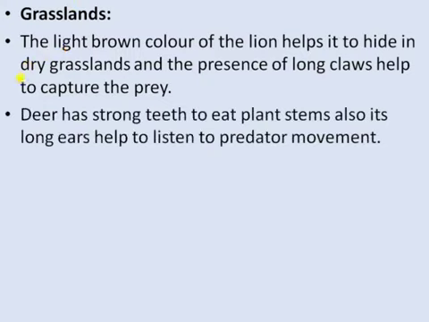Next, the deer has strong teeth to eat plant stems. Also, its long ears help it to listen to predator movement. Here the predators, the lions, are found in the forest and in the grassland. Predators are those animals that hunt and kill other animals for food.